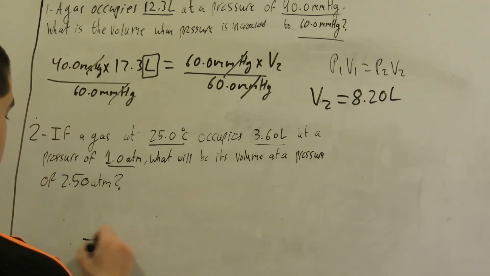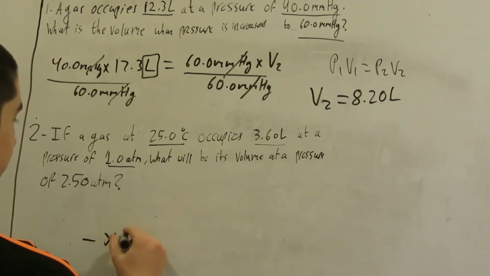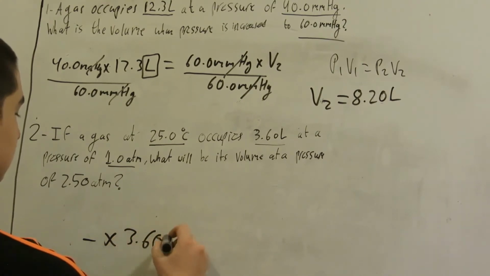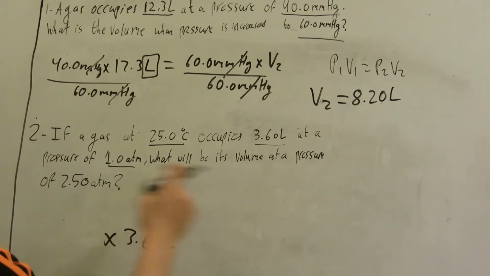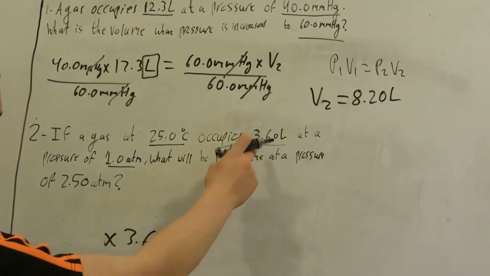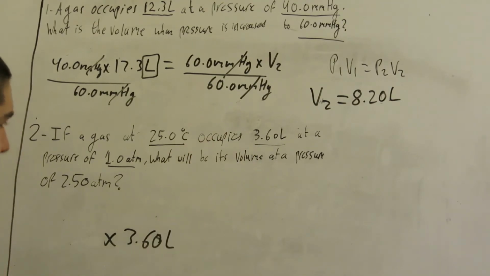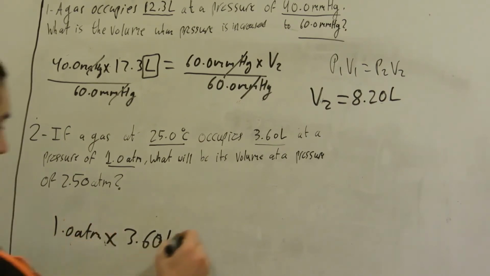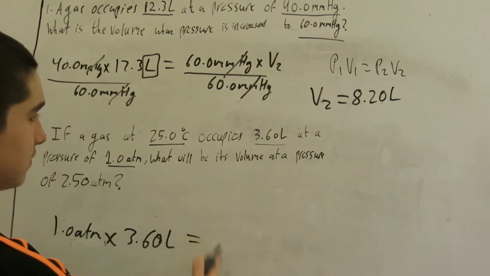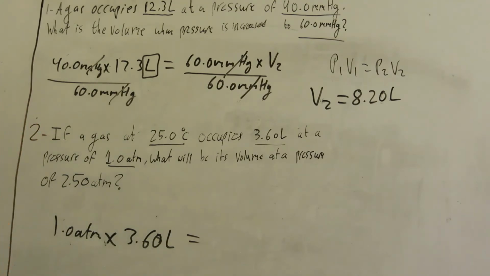Alright, so pressure is aside, then. 3.60 liters used. Now at a pressure of 1 atm, so they're saying that the 3.60 liters, or the volume, has a pressure of 1.0 atm. That equals P2 times V2. We can see that the question says, what will be its volume?